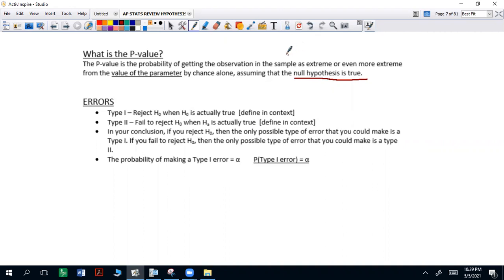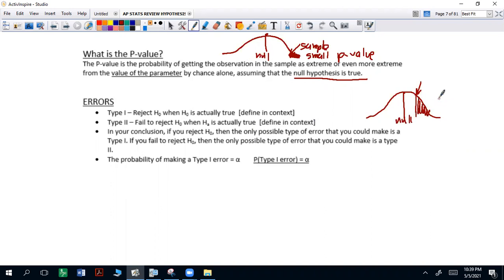But if it's far out there, you got your null here, and you got your sample out here, and you're trying to see, is there anything at that point or greater? That's going to be a small p. But in this case, if you got your null here, and you got your sample, let's say here, well, that's a little bit bigger, right?